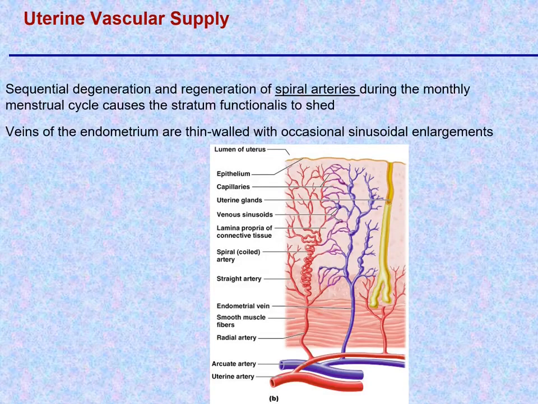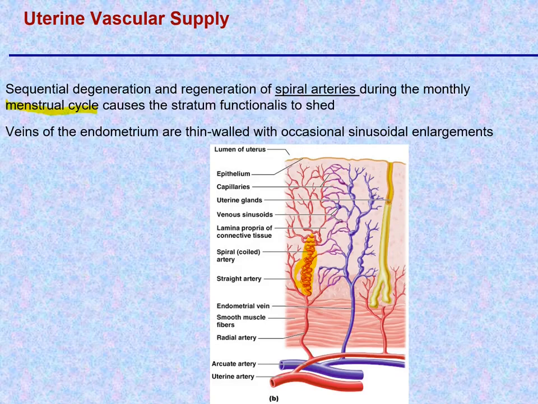What happens essentially with the menstrual cycle is that you get a sequential breakdown or degeneration followed by regeneration of these spiral arteries. So they're sequentially getting broken down, building up and breaking down.